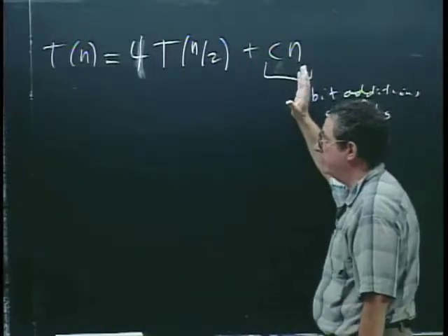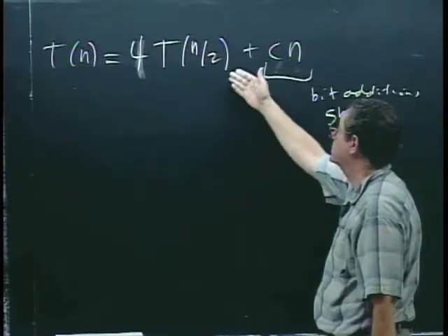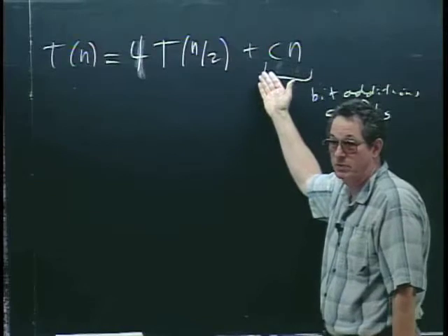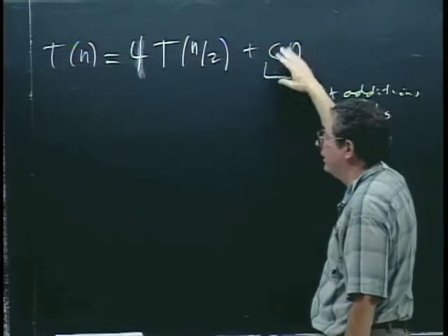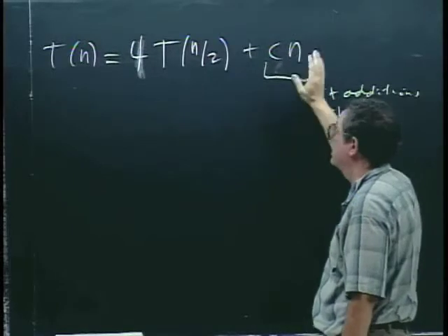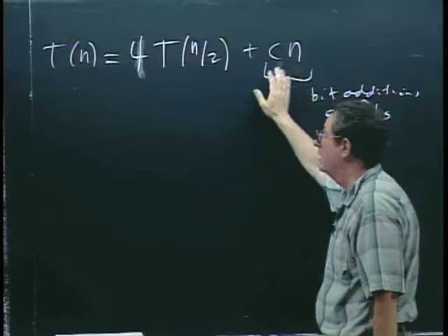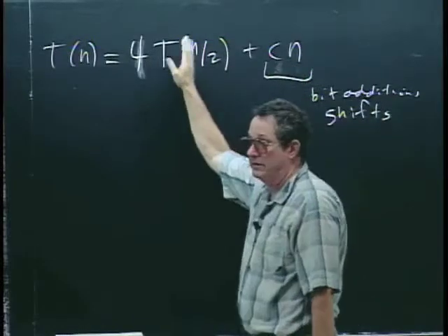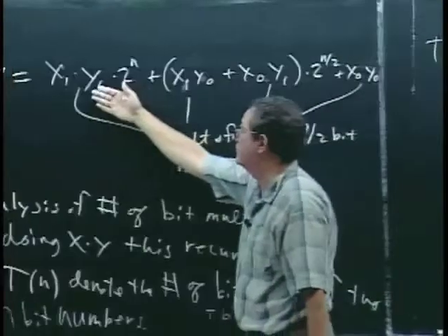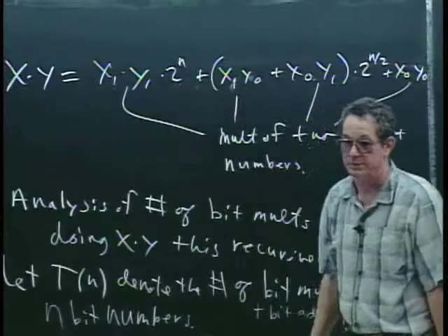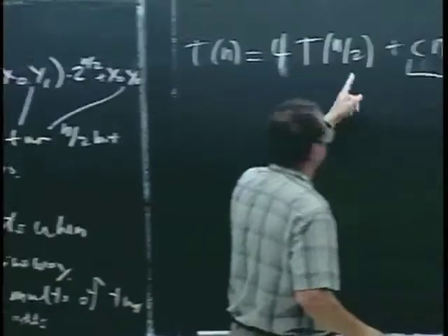So even when we add in all of the operations and not just the multiplications, this seems like the right recurrence for this approach. All of the work to divide the numbers appropriately, to do the shifts, to do the additions, that's in the Cn term. And the 4T of n over 2, that's because we're doing the 4 multiplications of n over 2-bit numbers. Okay? What's the solution to this?